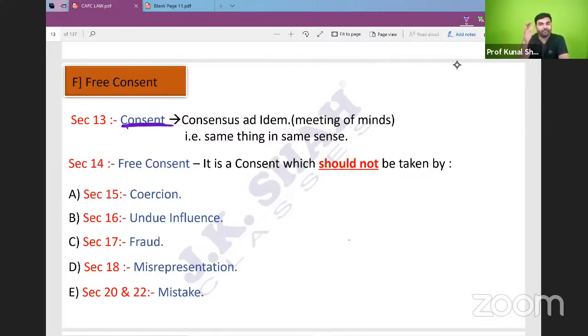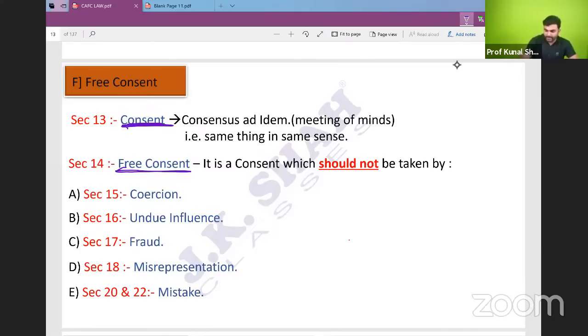So in practical life, whenever you want to form a valid contract, the consent of the parties should be a free consent. The concept of consent was given under section number 13. However, the concept of free consent is given under section number 14.